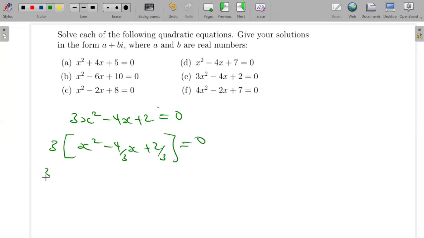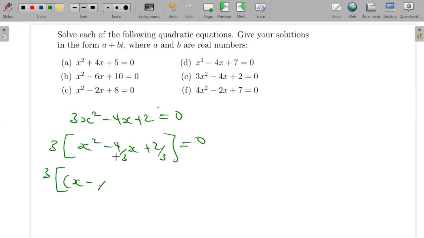Then I can complete the square inside. So that's just going to be x minus, half of this is 4 over 6, and 4 over 6 is just 2 over 3. So I just get 2 over 3 here.